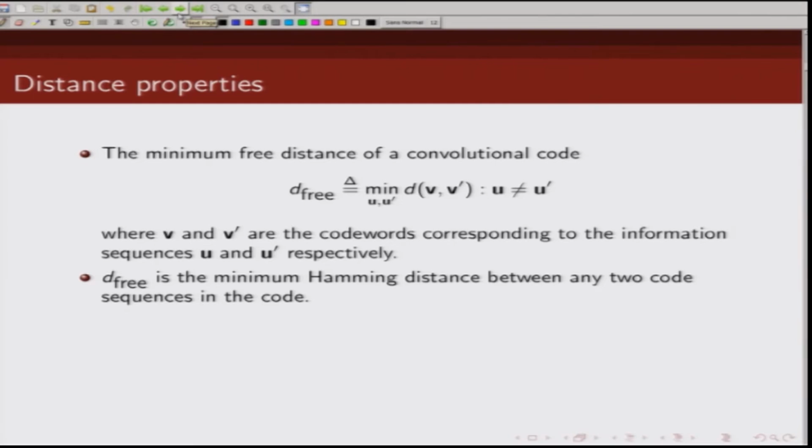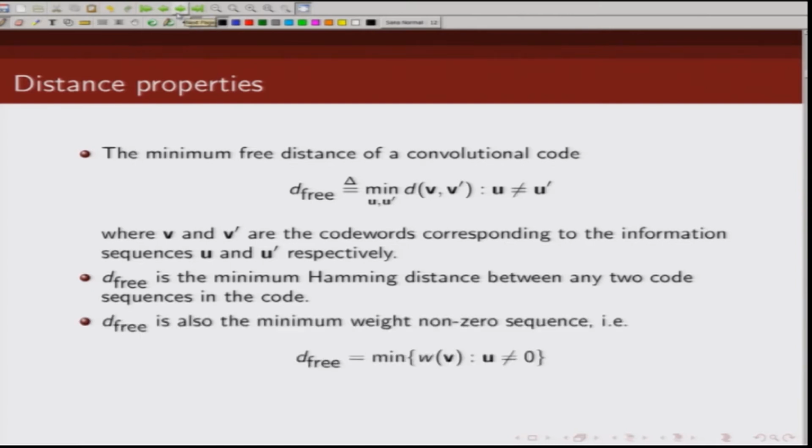So, free distance is basically the minimum Hamming distance between any two code words in a convolutional code, and this is the same as the minimum weight of a non-zero code word.